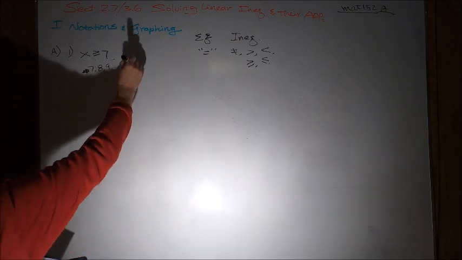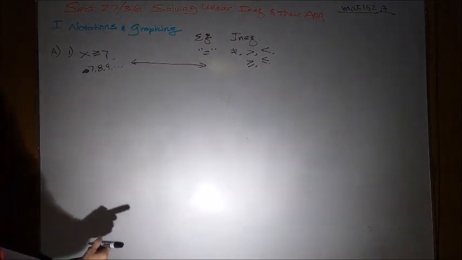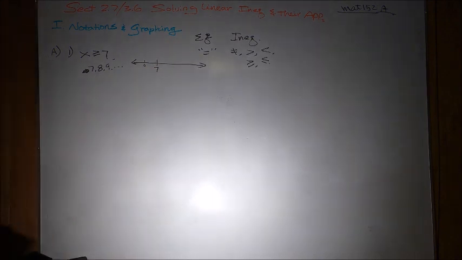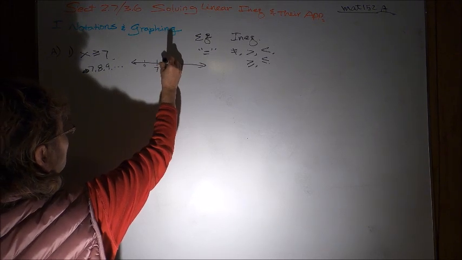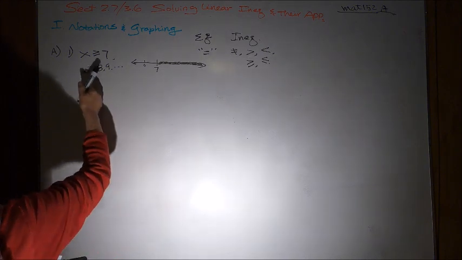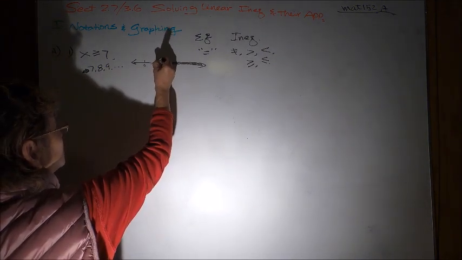So what do we do? We use a graph. So usually that's your 0, that's your 7, right? So we say the bigger numbers, they would go to what? Right? So from 7 on, that would be all your answers. Does it include 7? Yes.